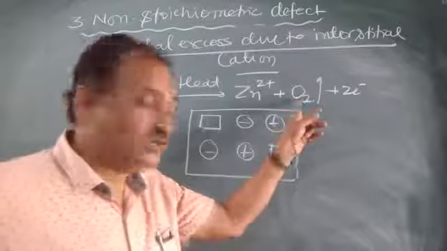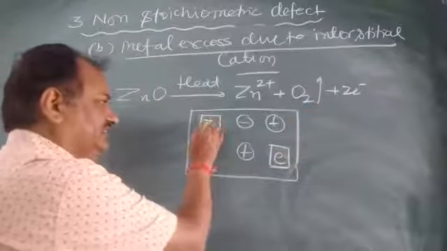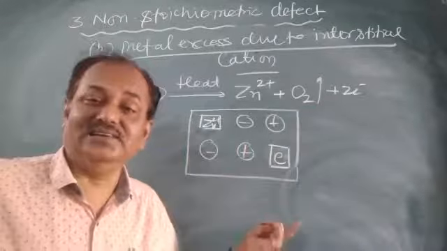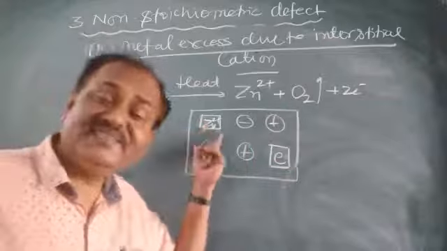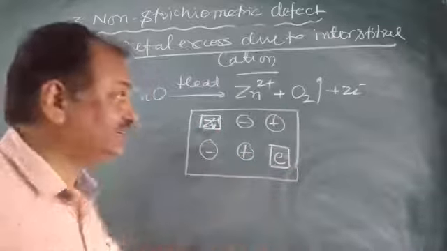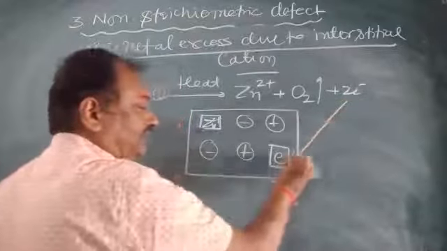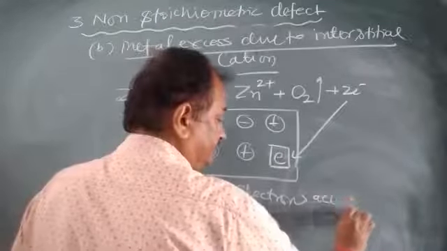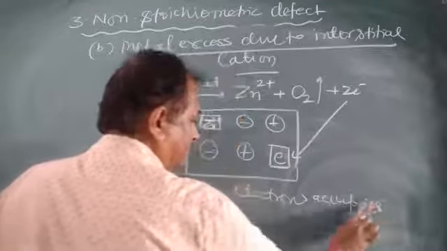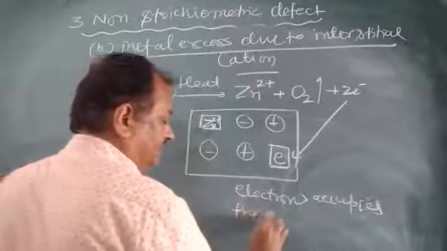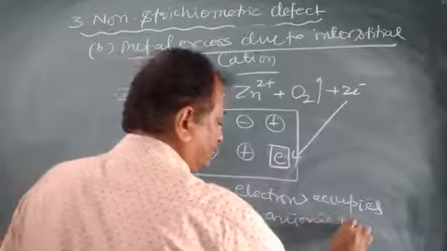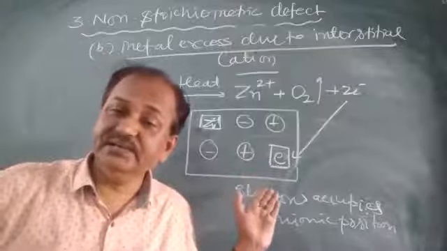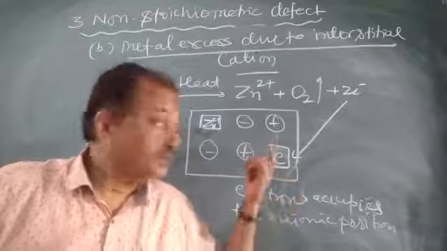The zinc is not absent, so it becomes excess indirectly. All the cations remain as they are, but the electrons occupy the anionic position, and as a result, as we are heating at high temperature, it appears yellow.